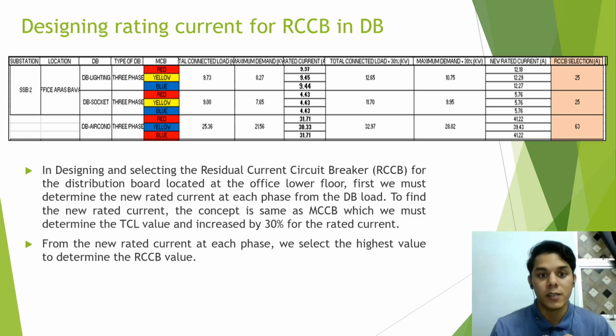For the DB socket, the highest is 5.76 ampere, and we choose the RCCB of 25 ampere. And the last one, DB aircon, the highest is 41.22 ampere for the new rated current, and we choose the RCCB rating current of 63 ampere.